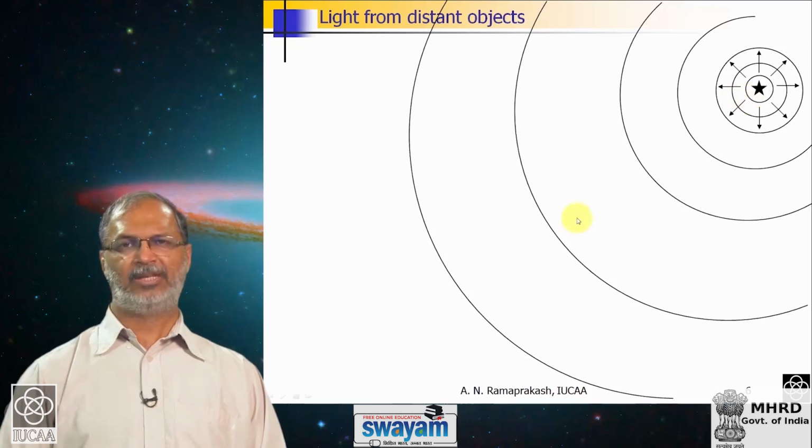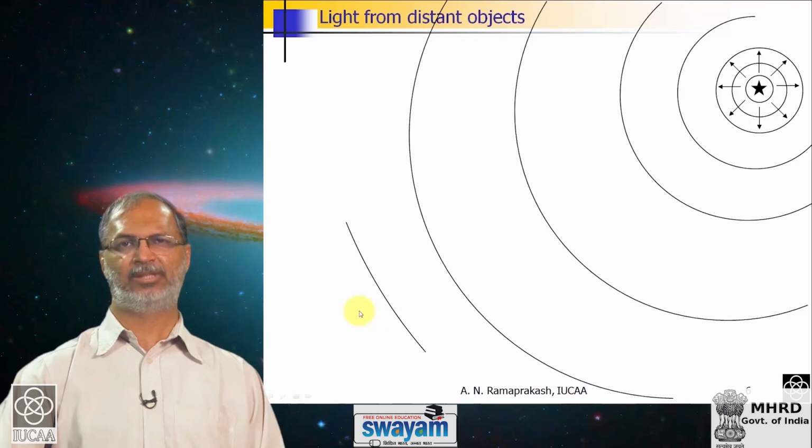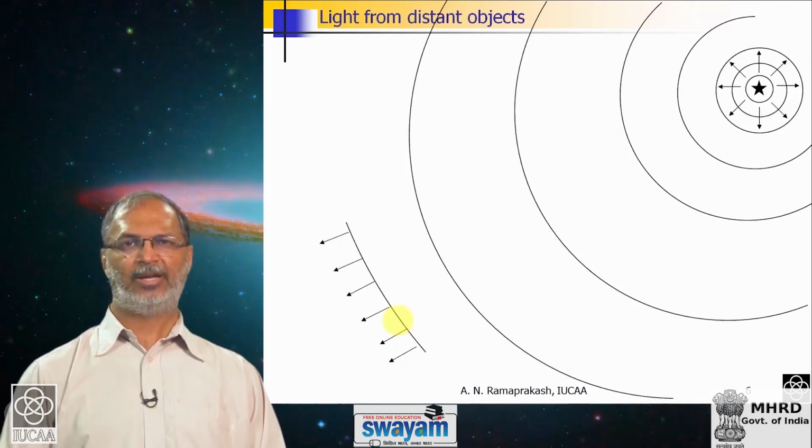So, if I sit here on the earth and look at that star, by the time the light has traveled this enormous distance from the star to where you sit, you are talking about a spherical surface with a radius which is infinitely large, which means the surface is practically plane. The curvature of the surface is almost negligible, immeasurably small. So, the rays are perpendicular to the surface, they are all parallel to each other.